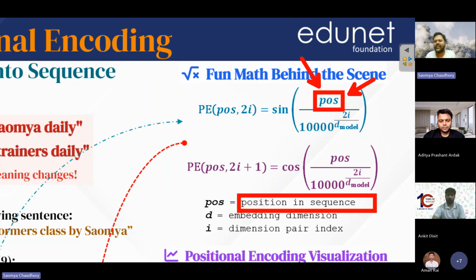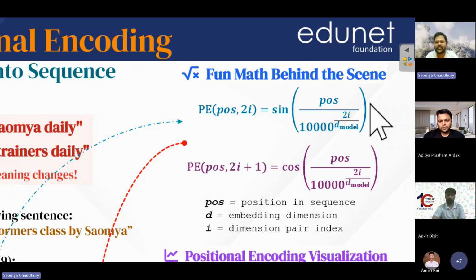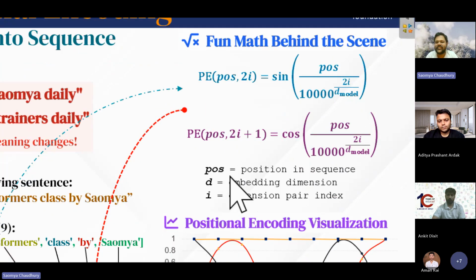Is it clear for everyone? So you put the positions on top. It's a little bit complex to understand, so in order to understand this, you see that there is a factor here talking about 10,000. It's not actually a random number. It ensures stability.